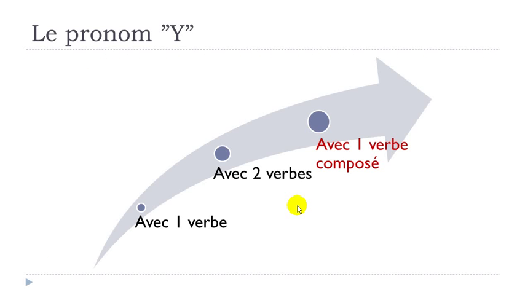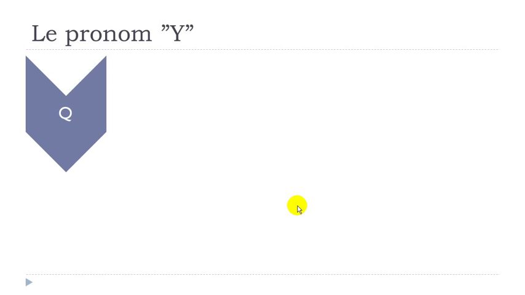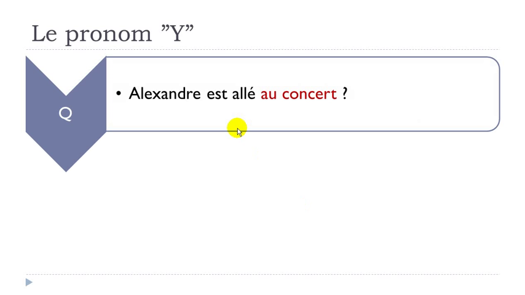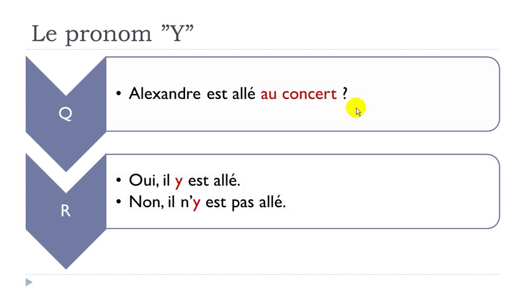Okay? And now, let's see how it will work if we've got a composed tense like aller here, at the passé composé form. So Alexandre est allé au concert. Okay, it's the past tense. Oui, il y est allé.